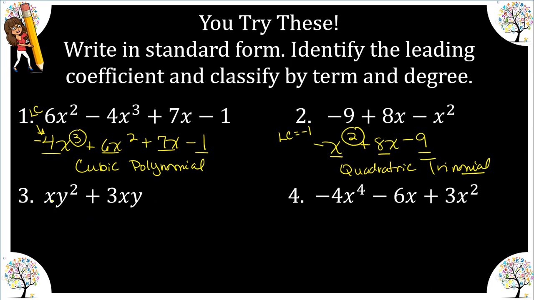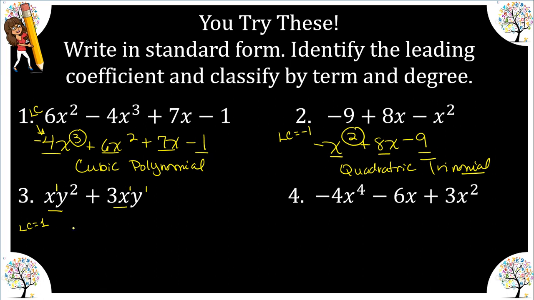Okay, here we have 2 terms. We have nothing to combine. It's already in standard form. So my leading coefficient is the understood 1. Now, we have 2 terms, so we know it's a binomial. However, the degree of my leading term is 3, and the degree on my second term is 2. So we're not really going to call this a cubic.